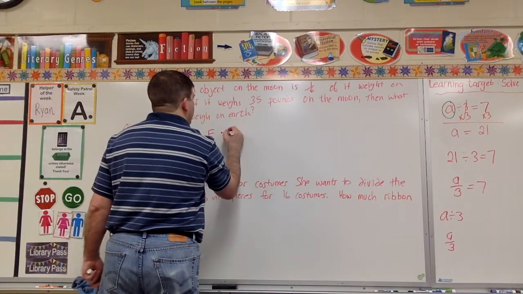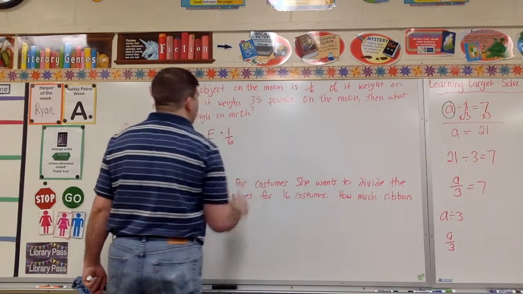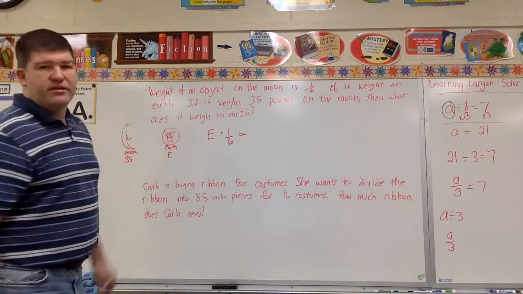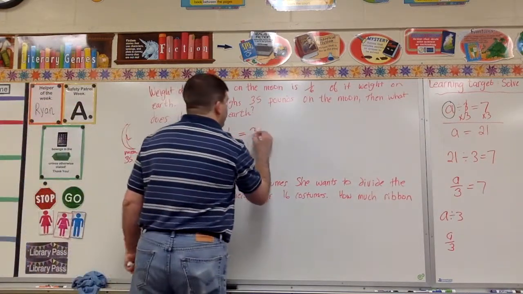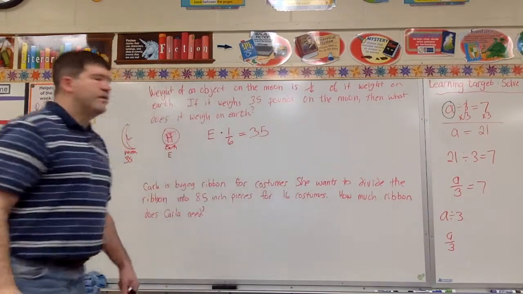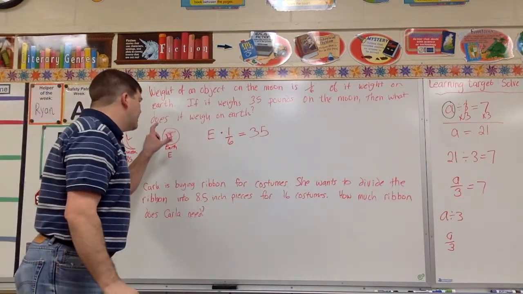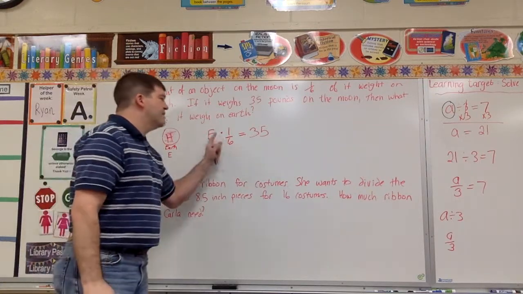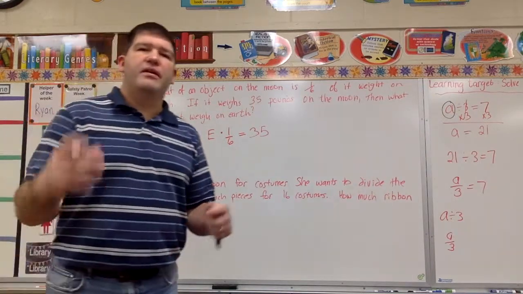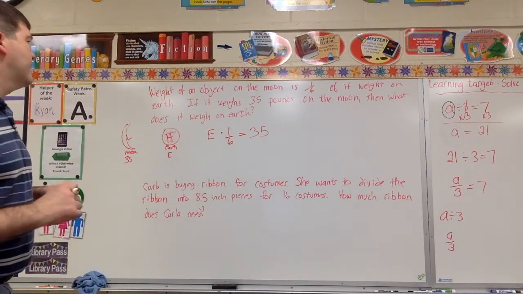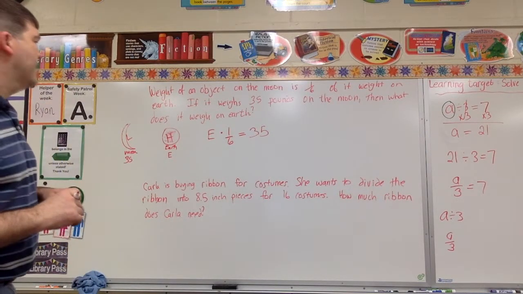E, which I don't know, times 1/6 equals, I know it's 35 pounds on the moon, 35 pounds, okay? So if I know what it weighs on Earth, I'm going to times it by the 1/6, and that'll get me how much it weighs on the moon, okay?